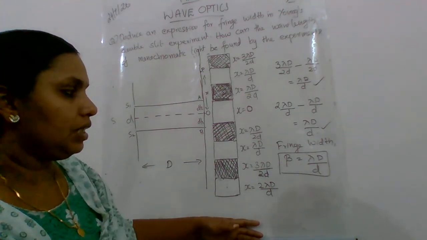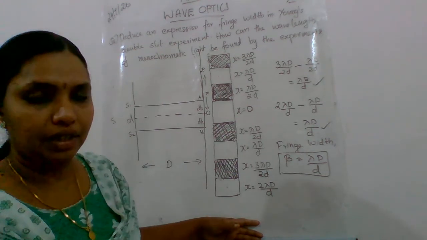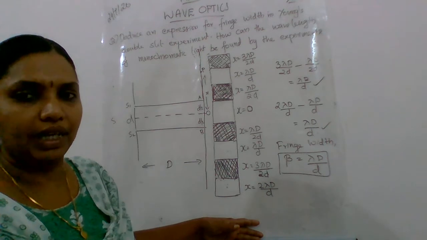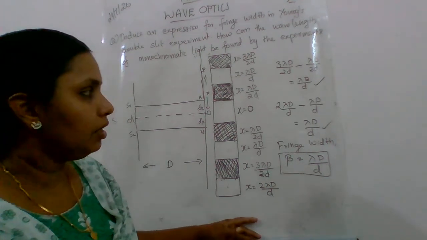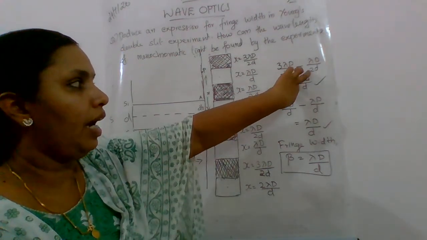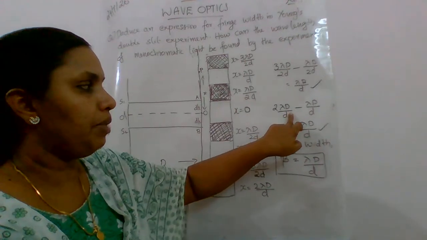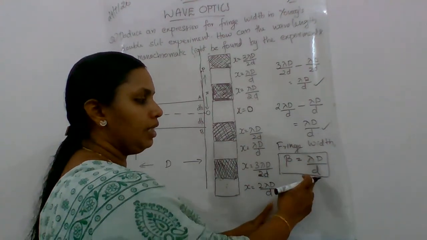So what is fringe width? Fringe width is the width of a dark band or a bright band. And how will you find it out? It is the separation between one dark and the next dark, or one bright and the next bright, and beta is equal to λD by d.